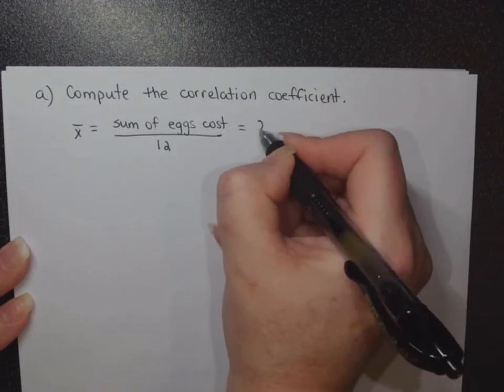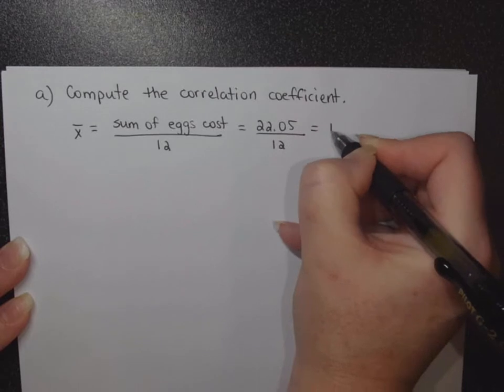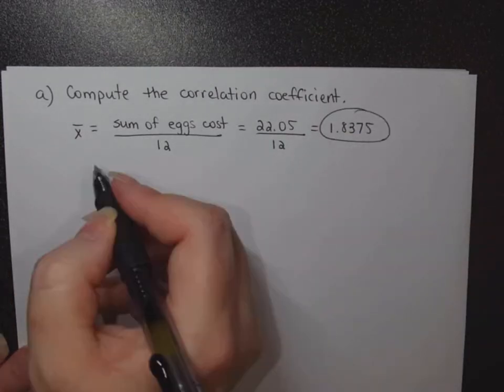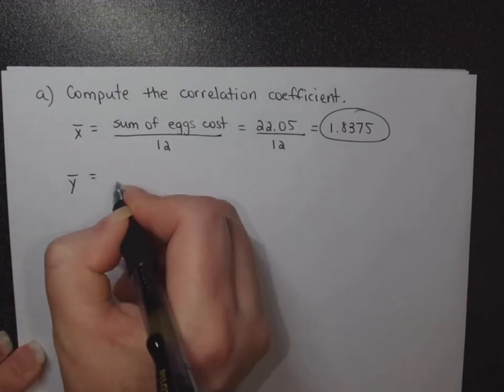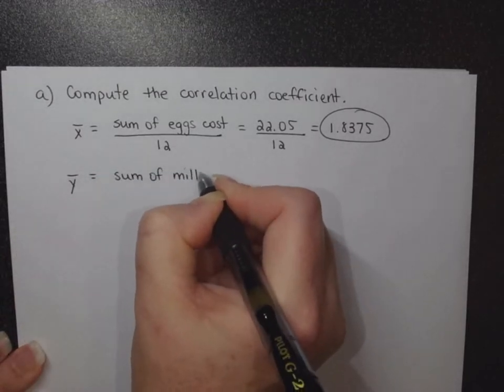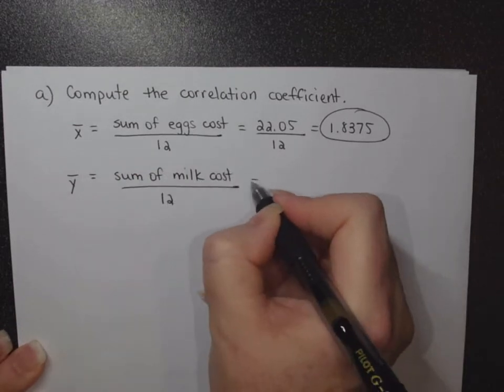If you work all of that out, you'll get 22.05 over 12, which is not rounded, but exactly 1.8375. We'll do the same for y, but y is going to be the sum of the milk cost, divided by 12.